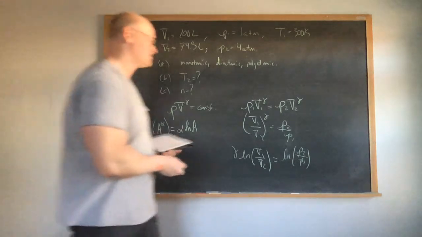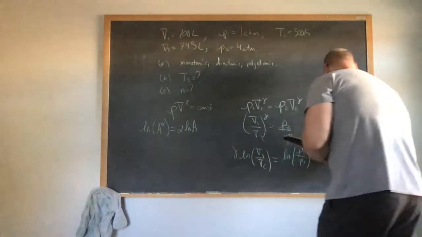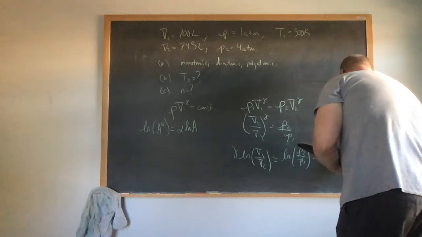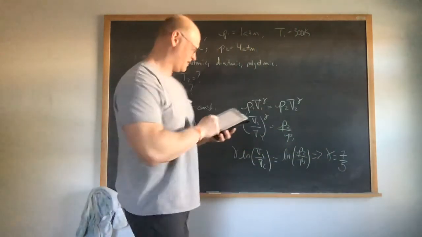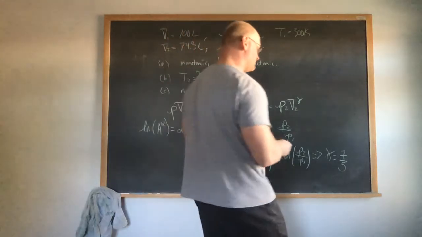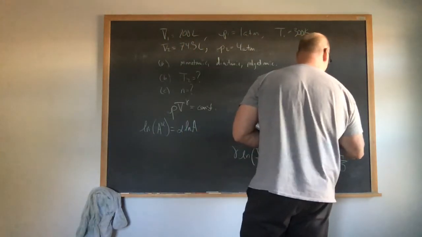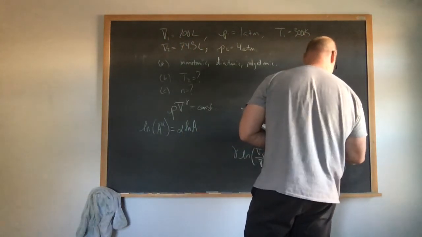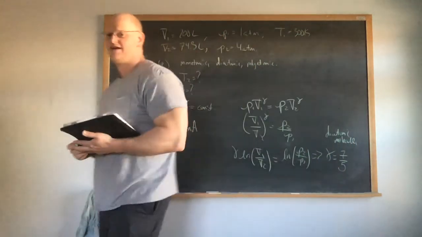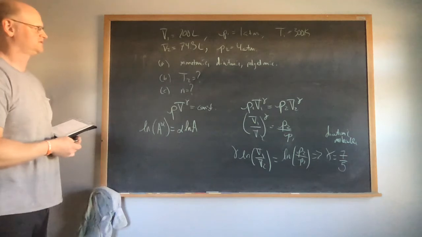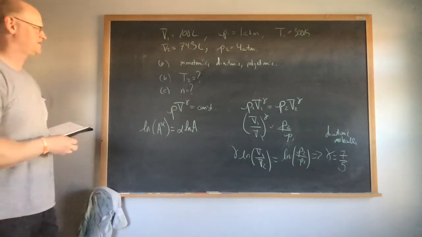If I do that, this tells me that gamma is equal to 7/5. When I look up in that chart, a gamma of 7/5 corresponds to a diatomic molecule. So this thing is a diatomic molecule. Great.